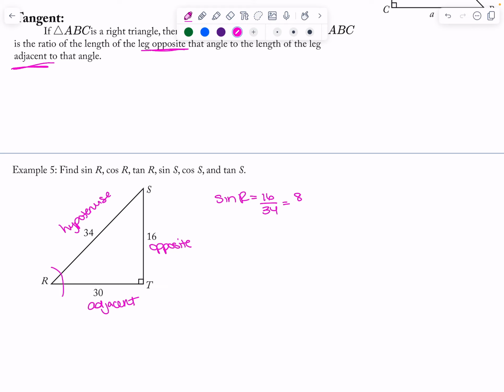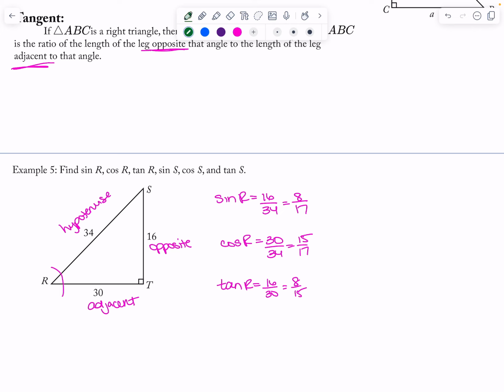And so I get 8 over 17. Then cosine of r is equal to adjacent, which is 30 over 34, which is 15 over 17. And then tangent of r is equal to 16 over 30, which is 8 over 15.